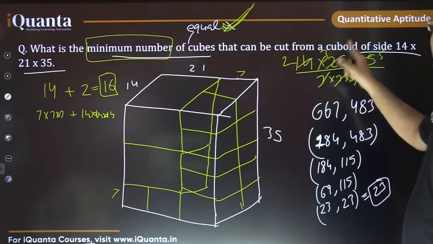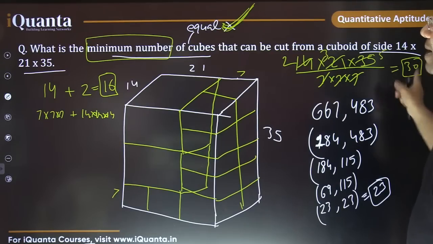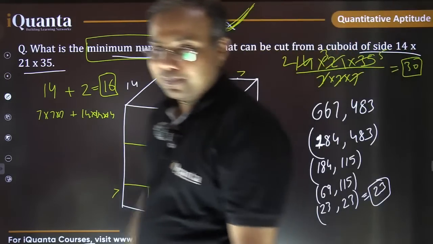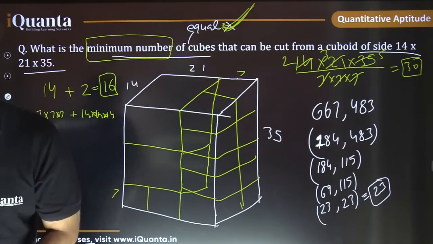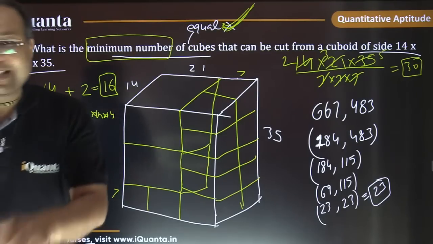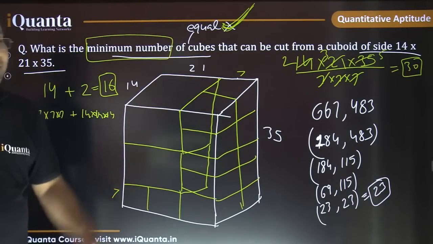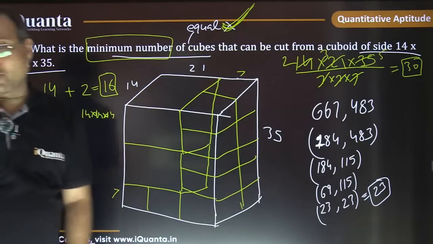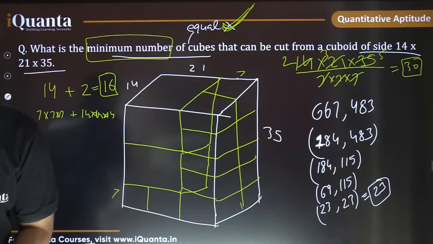So 2 into 3 is 6, 6 into 5 is 30. So now the answer would be 30. These are 30 minimum number of equal cubes. Is it okay? But in the original question, this word equal was missing. So for that part, drawing is the only solution. Drawing or visualizing is the only solution. Is it fine?